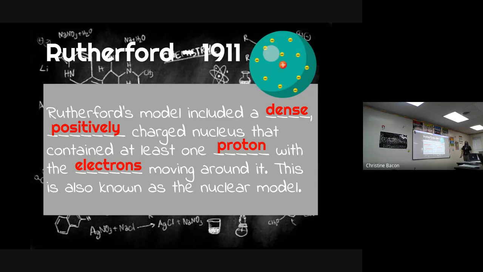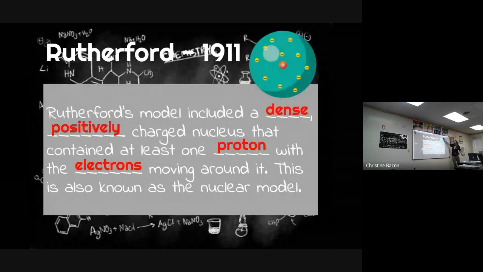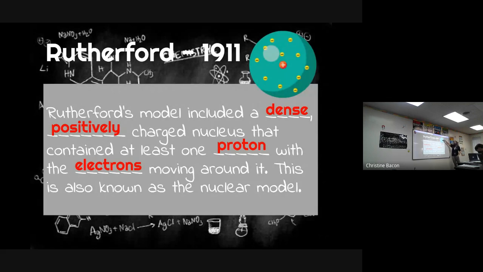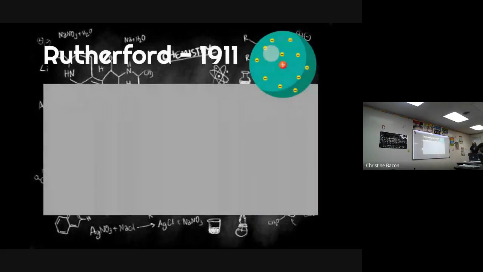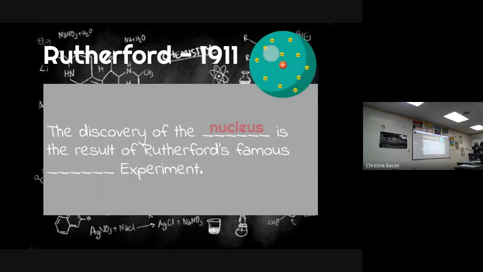We're progressing from Thomson's model, with positive charge all over and embedded electrons, to positive charge just in the middle. The discovery of the nucleus is a result of Rutherford's famous gold foil experiment. He found out that all that positive charge wasn't dispersed all over the atom, it was concentrated in the center of the sphere.